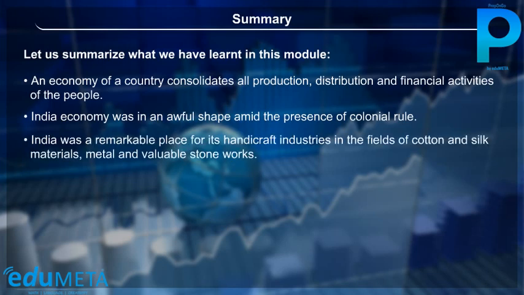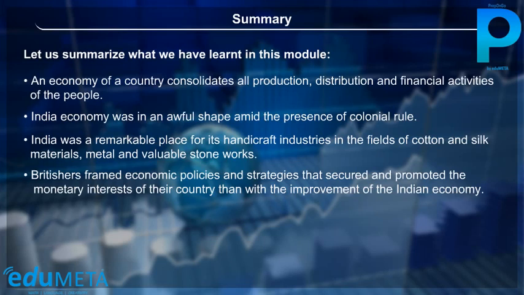India was a remarkable place for its handicraft industries in the fields of cotton and silk materials, metal and valuable stone works. Britishers framed economic policies and strategies that secured and promoted the monetary interests of their country, rather than the improvement of the Indian economy.